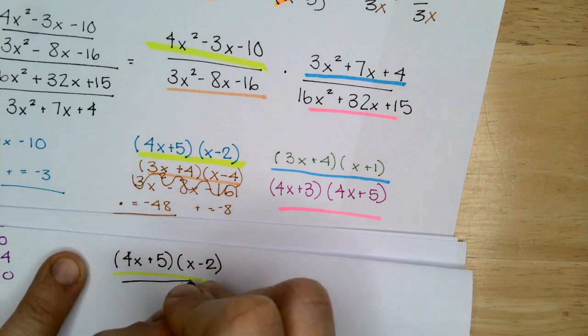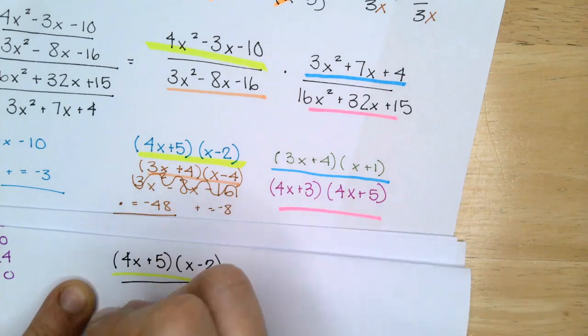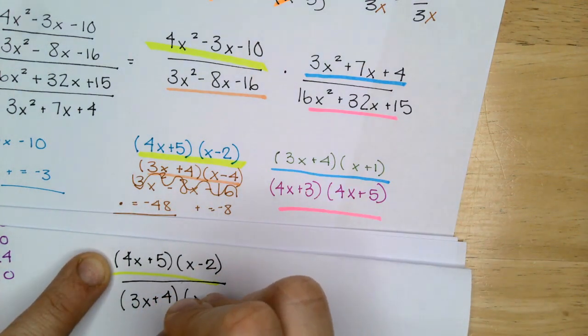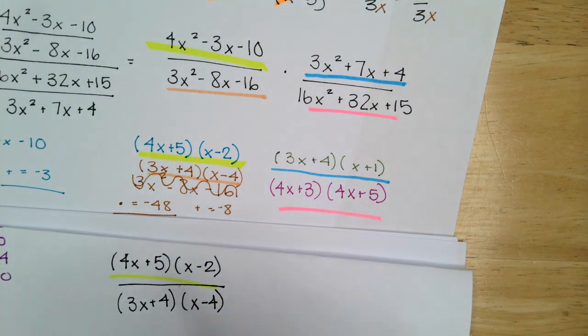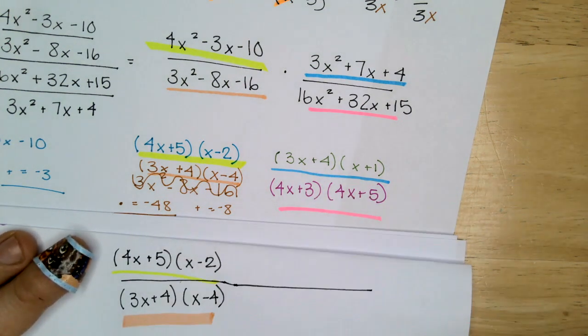It is being divided by 3x squared minus 8x minus 16, which became 3x plus 4 times x minus 4. That was that one. And like I said, we're just multiplying straight across, so I'm just going to make this a longer bar. I'm going to connect them.